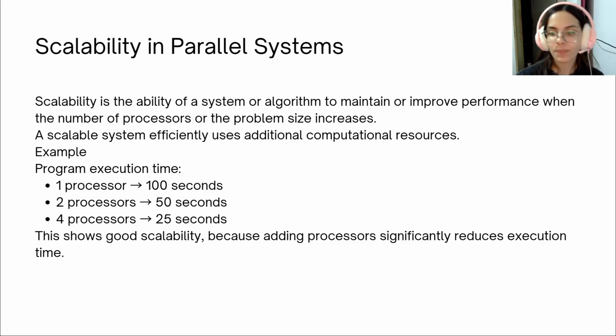For example, imagine a program takes 100 seconds using one processor. But if we increase the number of processors, with 2 processors, the time becomes 50 seconds. With 4 processors, the time becomes 25 seconds. So this shows good scalability because the execution time decreases significantly as we add more processors.